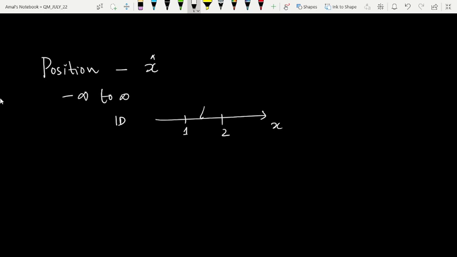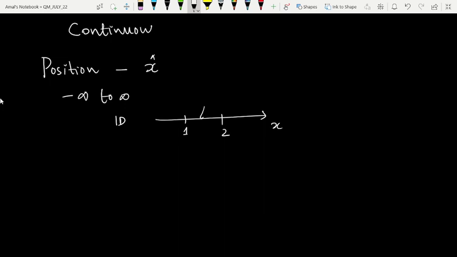So that means it is continuous. So we cannot represent it using a discrete basis, which means we cannot represent it using a linear combination of a finite number of basis vectors. So we need some generalization, and that is known as continuous basis.